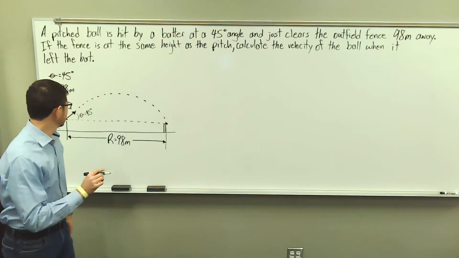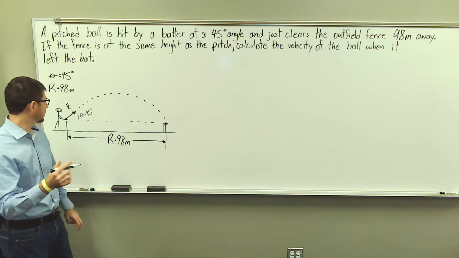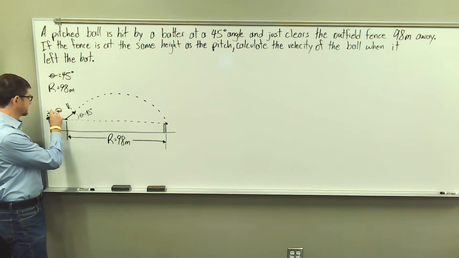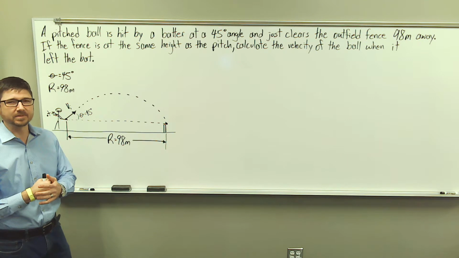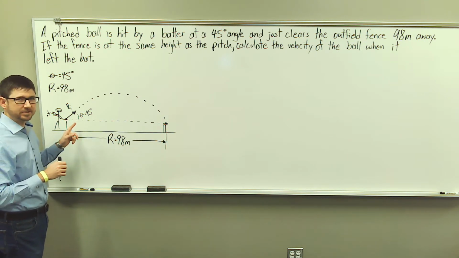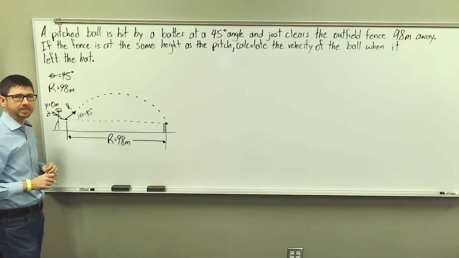The first thing is right here where the bat comes in contact with the ball, we have a time equal to 0 seconds. So the time just begins when the bat comes in contact with the ball. And in the y direction, y is equal to 0 meters.